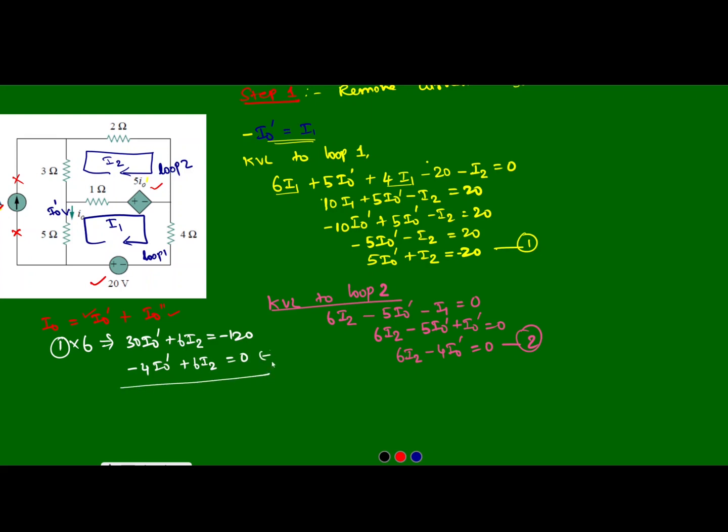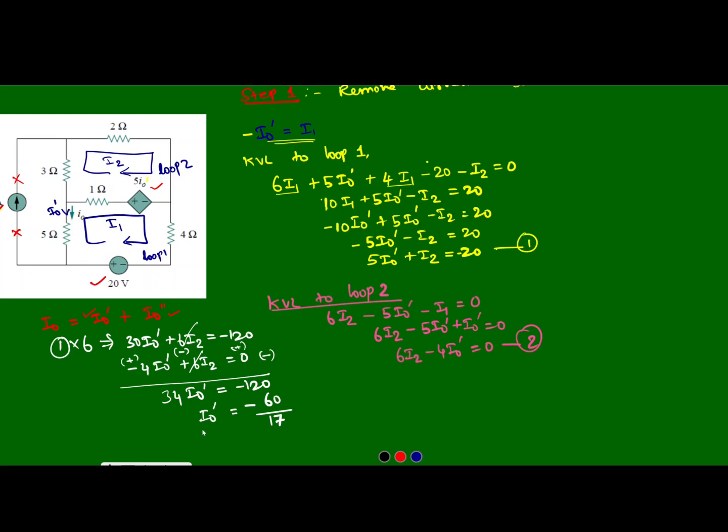When we subtract these, the terms will change, and the 6 I2 minus 6 I2 will get cancelled, and here we find that 34 I0 dash is equal to minus 120. On simplification, we can write I0 dash is equal to minus 60 by 17.